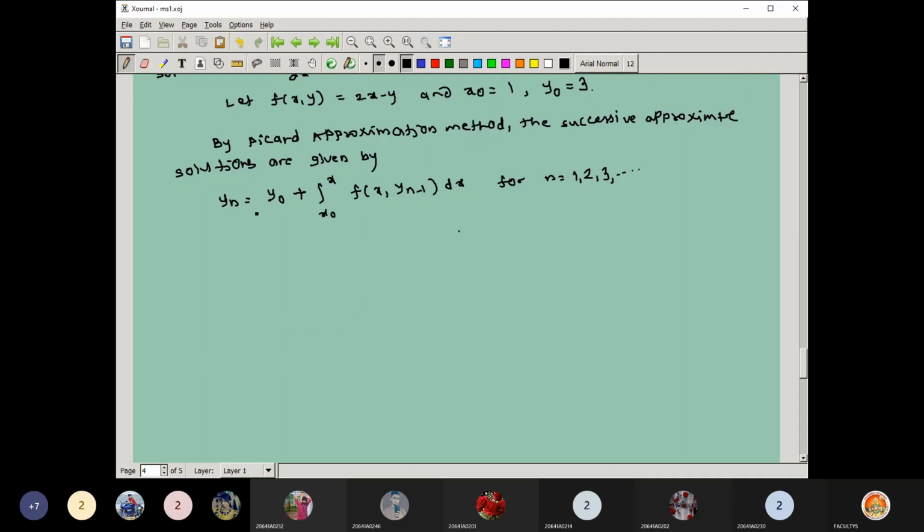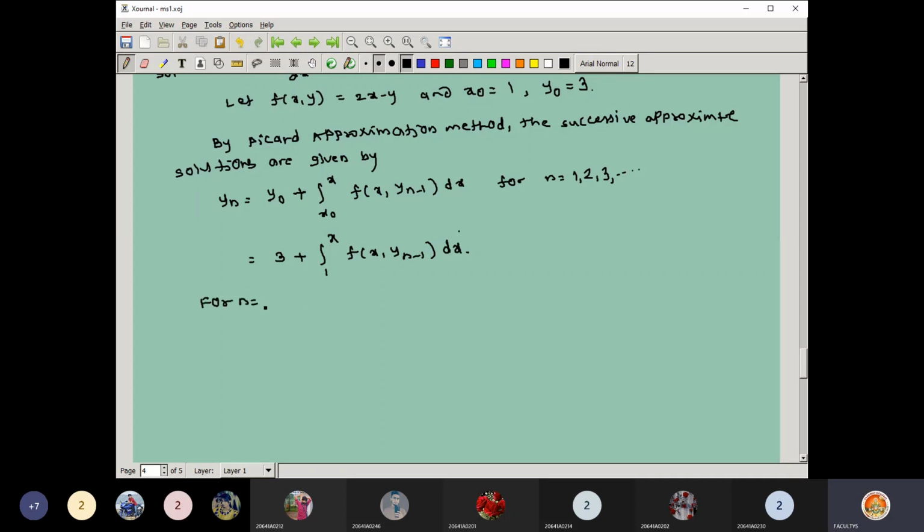So that is the formula you are using, where y naught stands for 3 plus integral x naught, which is nothing but 1, to x, f of x comma y n minus 1 dx, keep as it is.